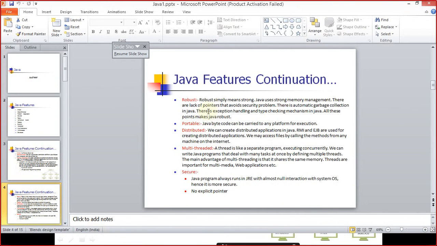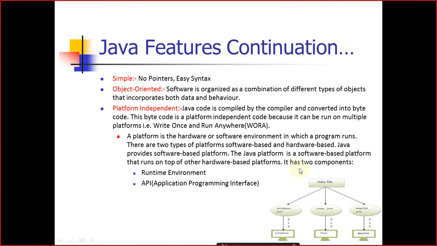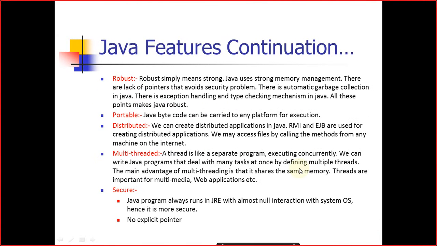Now coming to robust. Robust is nothing but strong. Java has strong memory management, it doesn't have any pointers, it has garbage collection, and it also supports exception handling and type checking.